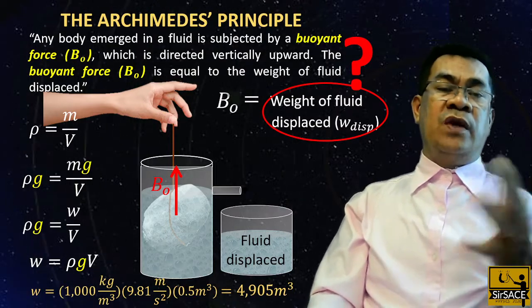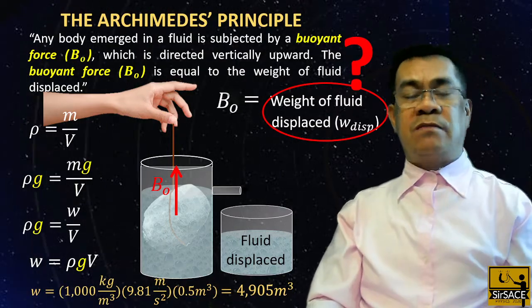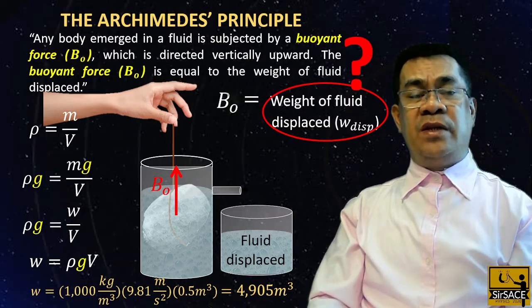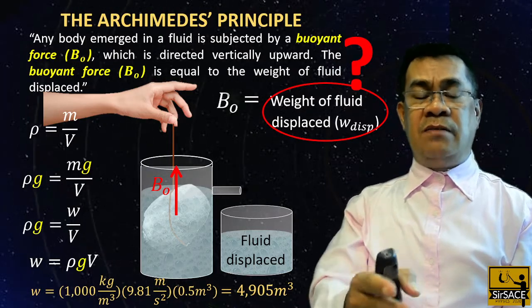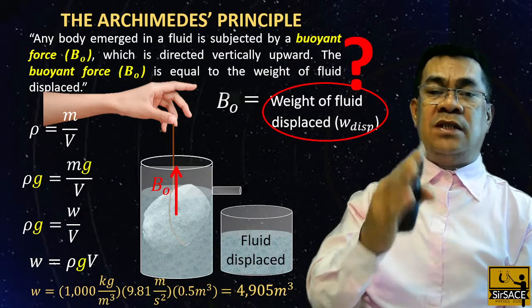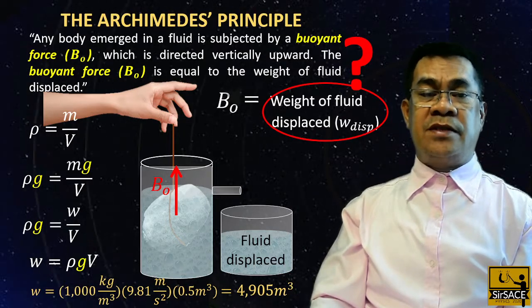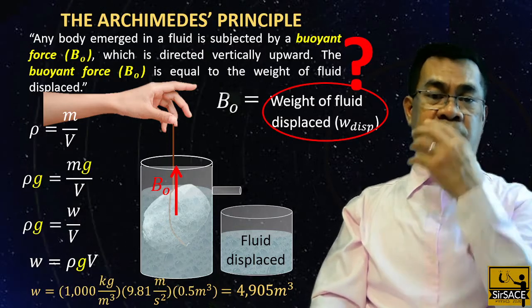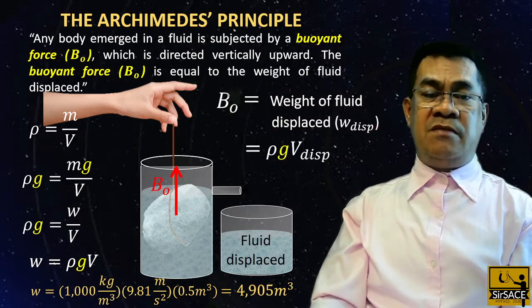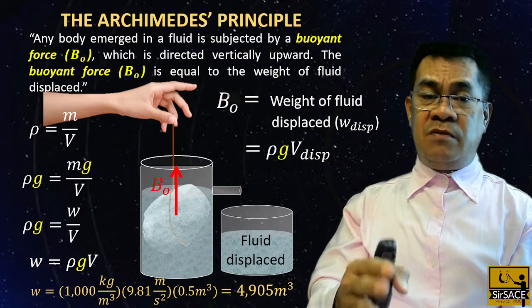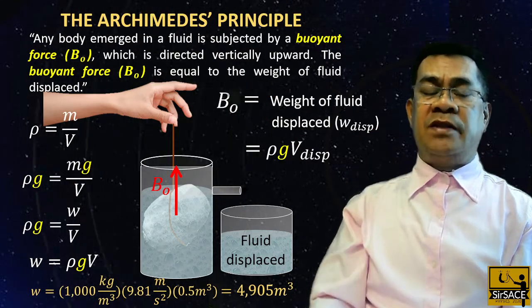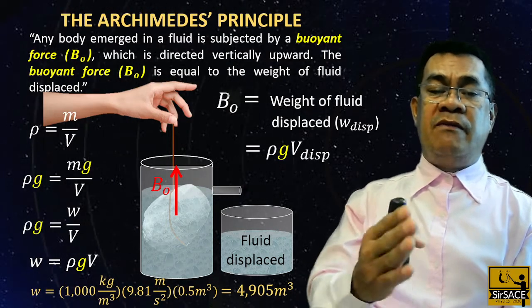Okay? So going back to the question. How to compute the weight of fluid displaced? We need that because that weight is the same as the buoyant force. So using this formula for the weight, the buoyant force now is the same as the density of the fluid, take note, the fluid displaced, multiplied by the gravitational acceleration, multiplied by the volume displaced.